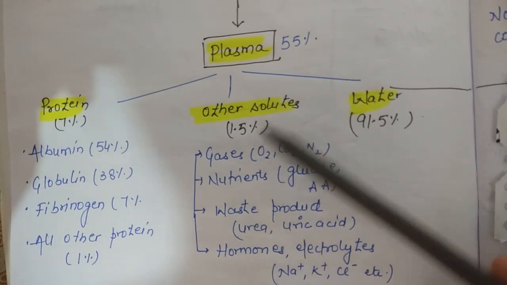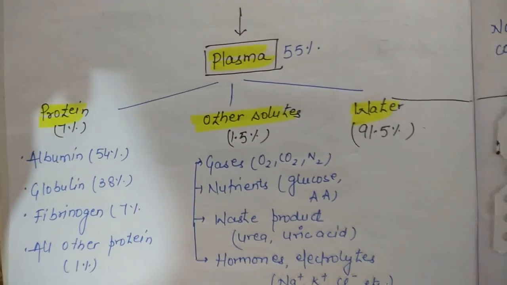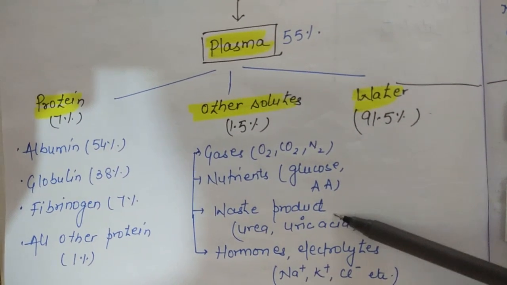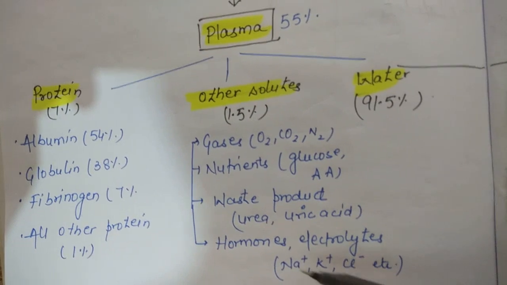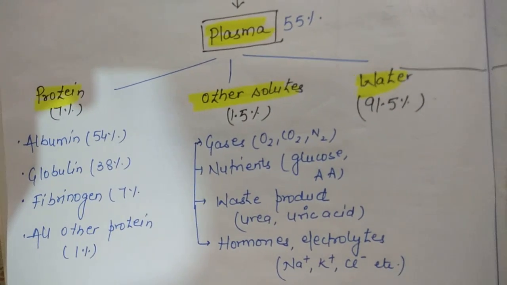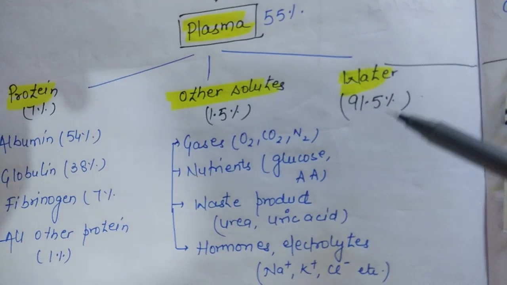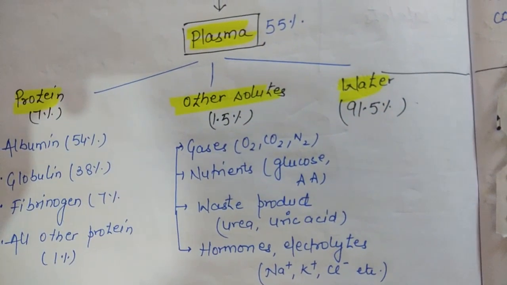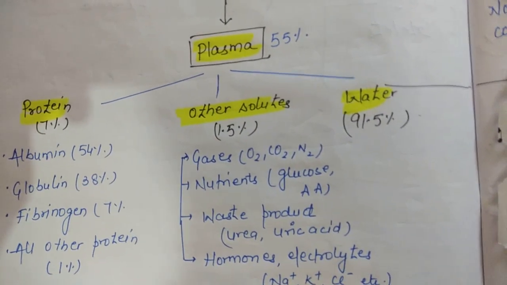Other solutes in plasma are gases like oxygen, carbon dioxide, nitrogen, nutrients like glucose, amino acids, waste products like urea, uric acid, creatinine, hormones and electrolytes like sodium, potassium, chloride, etc. And water content is 91.5% of the plasma. Now we will discuss them one by one.